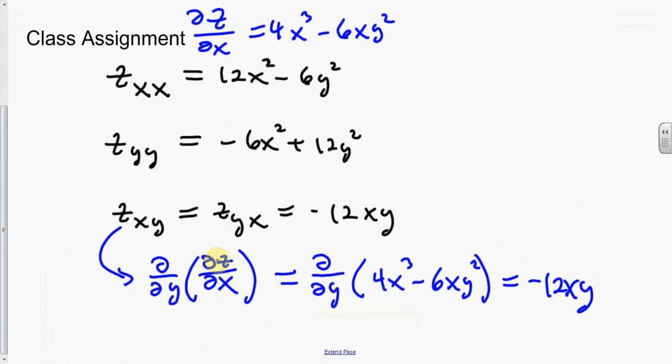So you take the partial of z with respect to x, which we got here, and then on this we apply this operator. Once I get the partial of z with respect to x, now take the partial with respect to y. Right. Okay. Is that all right? Okay, good.